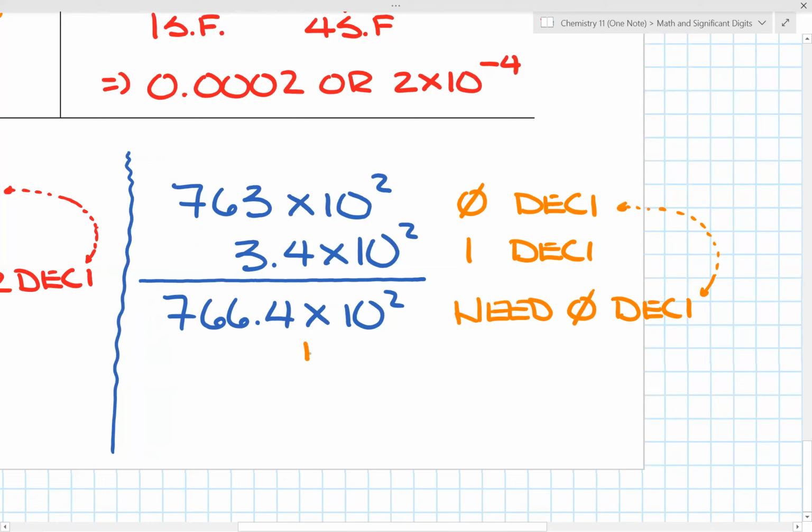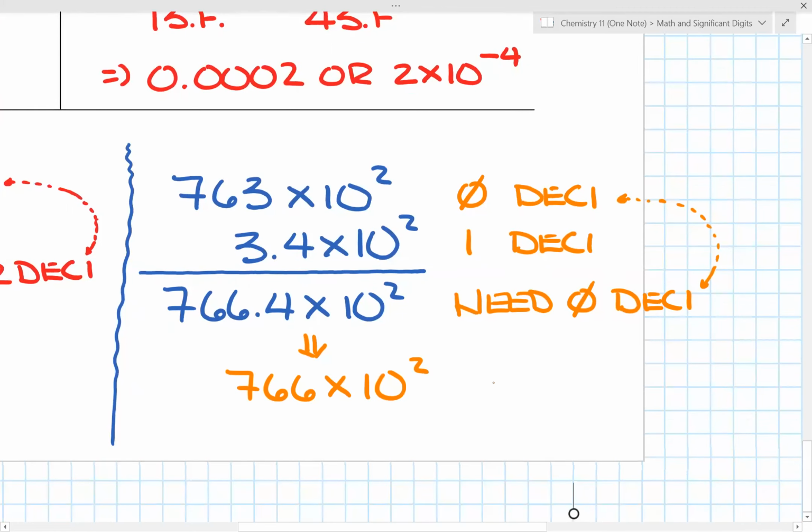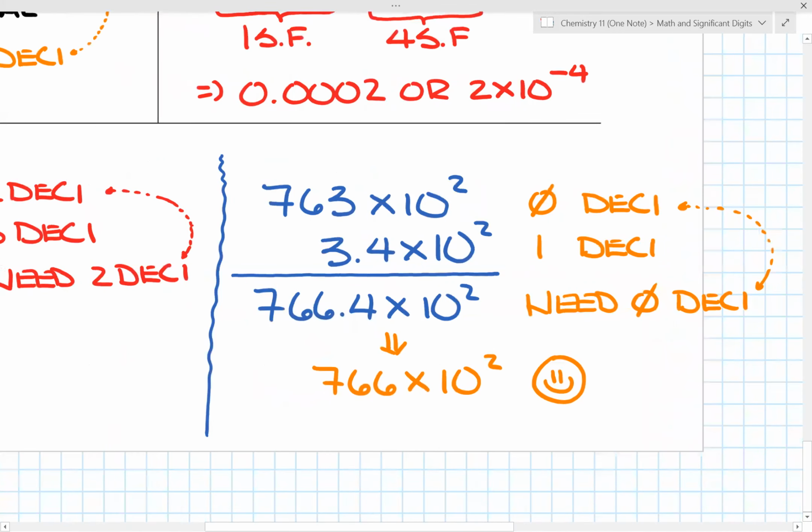Okay, so in this case, the answer would be 7.66 times 10 to the 2. Now, at this point, you are happy because you have got the correct number of sig figs.